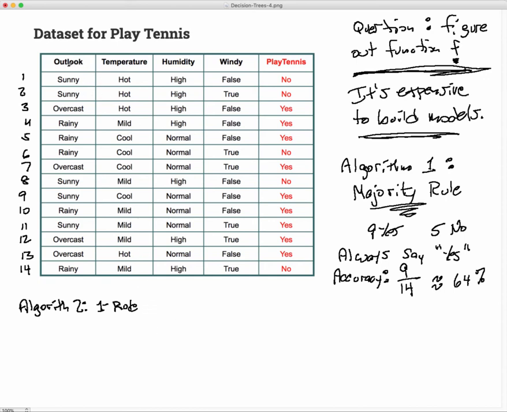OneRule works by saying, let's look at each one of the individual independent variables. So here's Outlook. And Outlook can be sunny, or Outlook can be overcast. Outlook can be rainy.